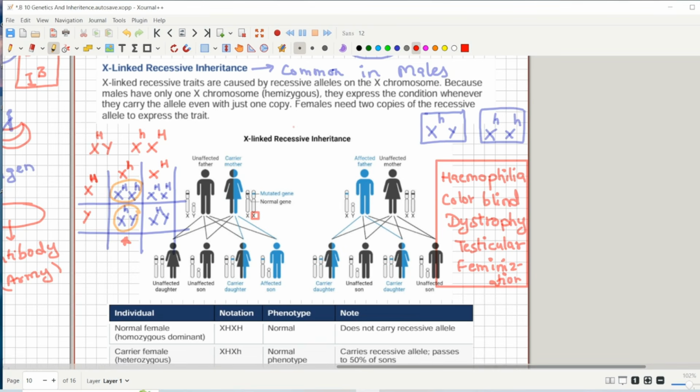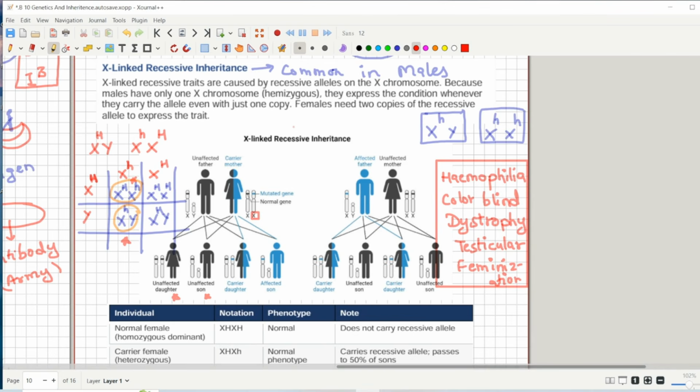And there was a carrier daughter, who had the recessive trait but it was not shown. And there was an unaffected son and an unaffected daughter. Neither of them had any X-linked recessive inheritance.